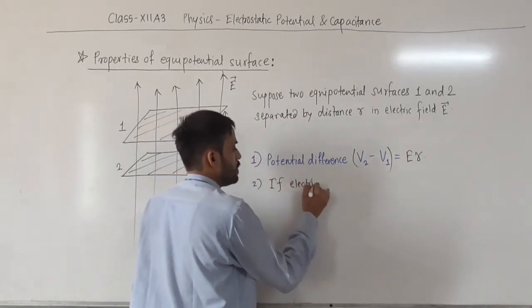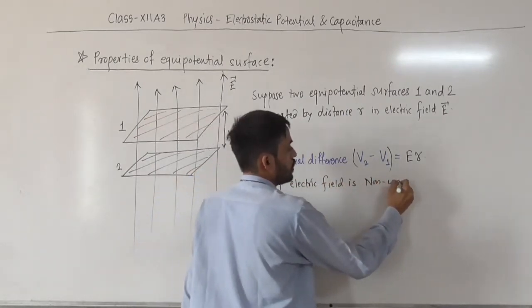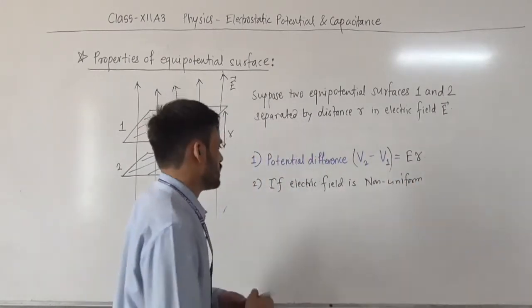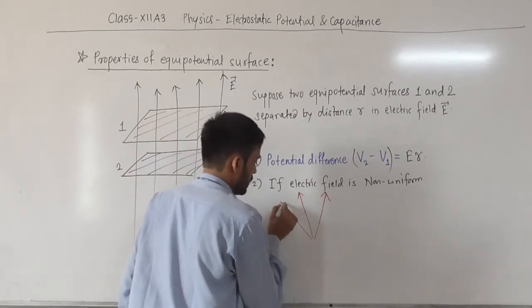If electric field is non-uniform, मतलब ऐसे किया है, इलेक्ट्रिक फील्ड ऐसा है, radial.